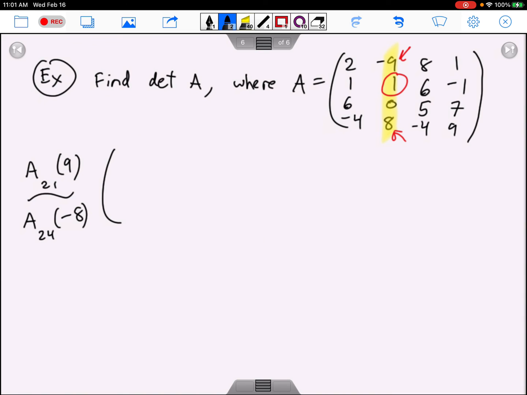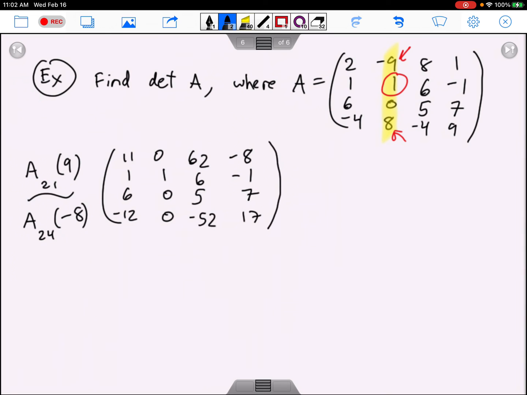And so if we do that, we end up with 11, 0, 62, negative 8, 1, 1, 6, negative 1, 6, 0, 5, 7, negative 12, 0, negative 52, 17.